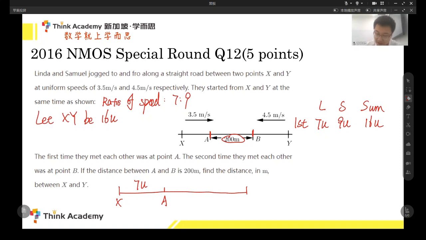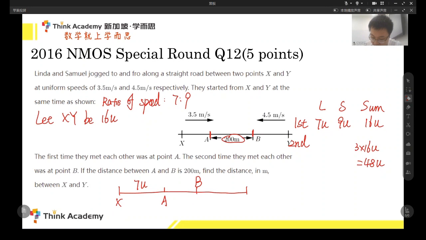Okay, then we know that the second time they meet each other is at point B. For the second time, again, we calculate the sum of distance they have traveled, which is 3 times 16u, which is 48u. They have traveled 3 times the distance of XY.